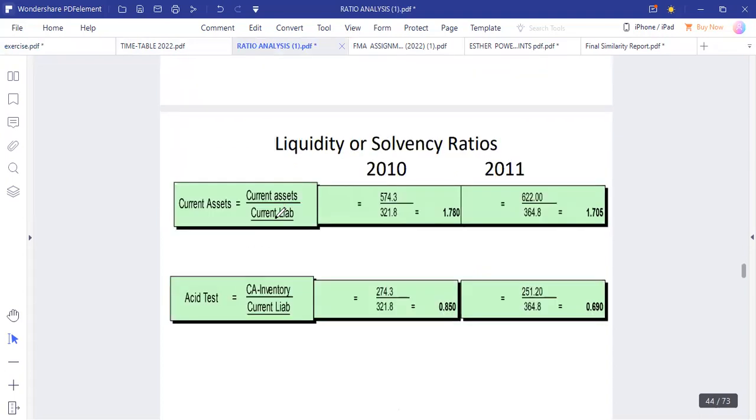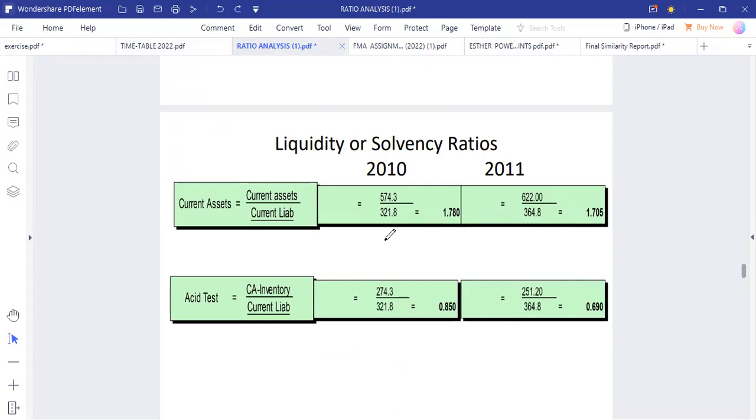So the current ratio is current assets over current liabilities. So 574.3 over 321.8, we have what? 1.78. Okay. Here at 622 over 364.8, we have what? 1.705.